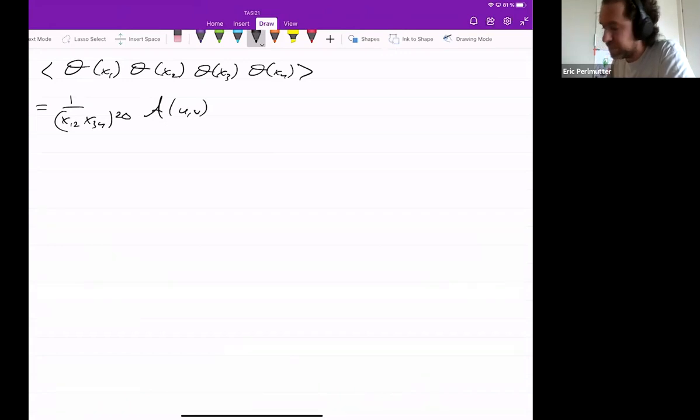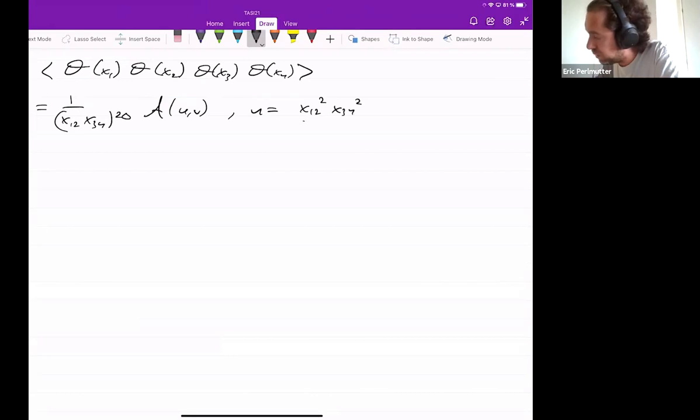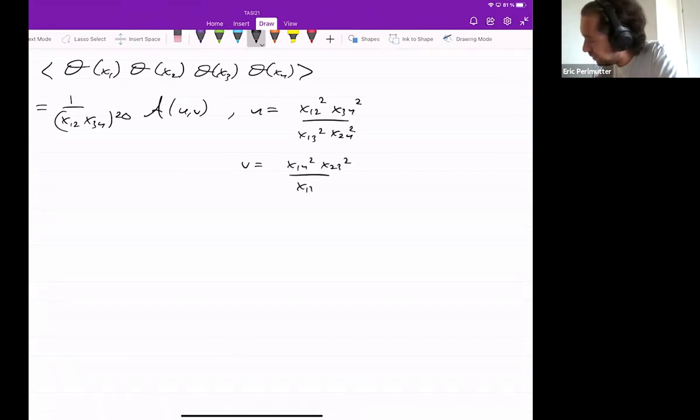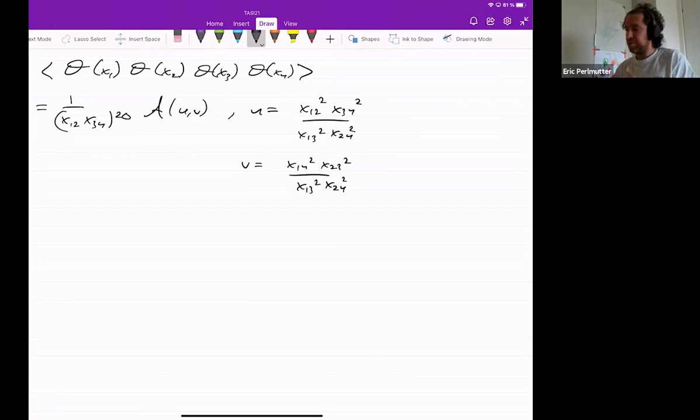There's some power law prefactor where delta is the dimension of O, times some function which I'm going to call A of conformally invariant cross ratios U and V, where U is defined as this particular ratio of the squared differences of distances, and V is a slightly different one. So conformal symmetry allows you to write a 4-point function in this way. The argument for why that is can be found in many places, for example, the TASI Bootstrap notes I referred to yesterday.